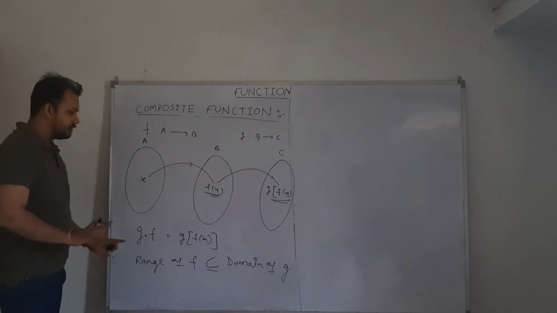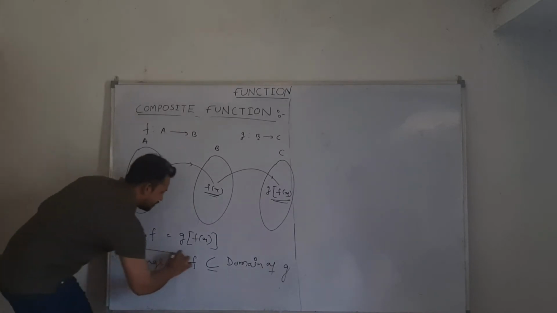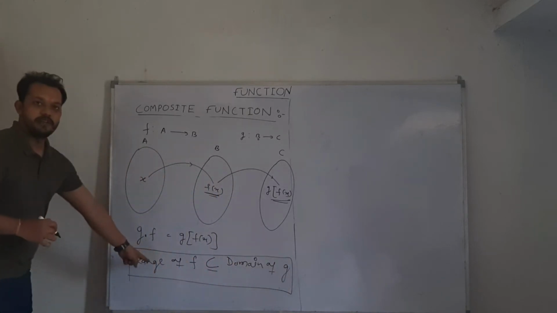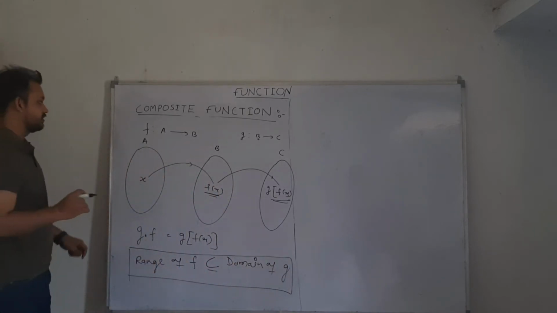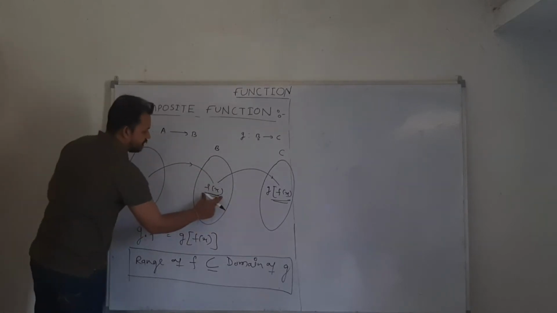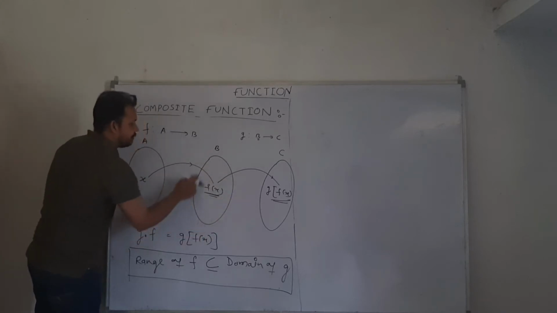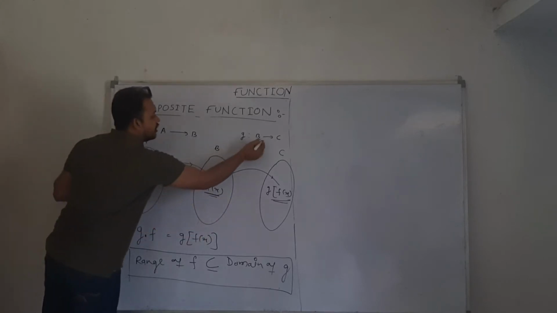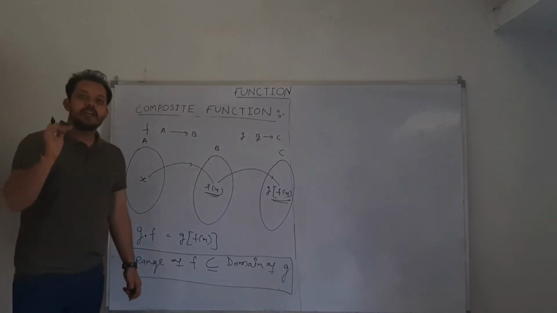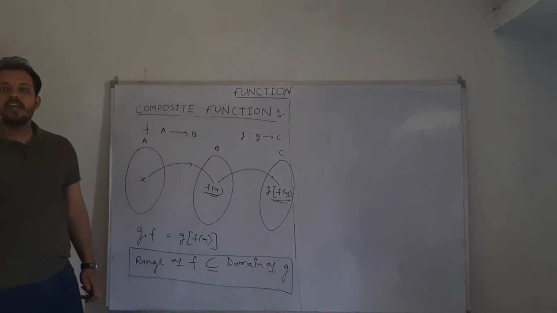That is the only condition. This is the necessary condition when any composite function is defined. Whatever values we are getting, this f(x), the set of range, must be a subset of set B, because B is the domain of function g. This is the only condition when any composite function can be defined.